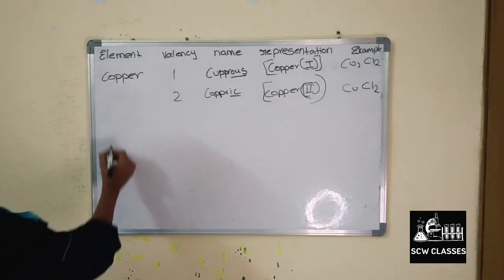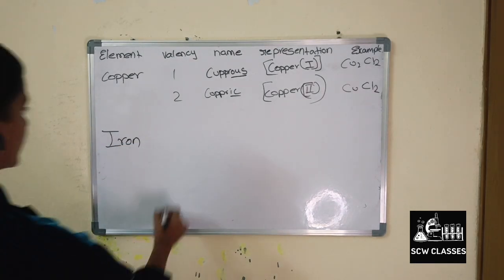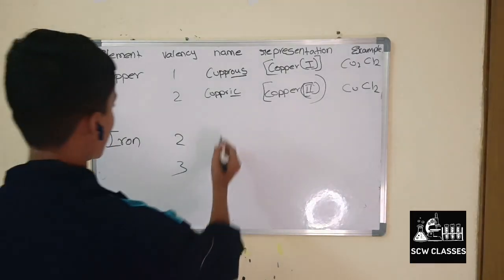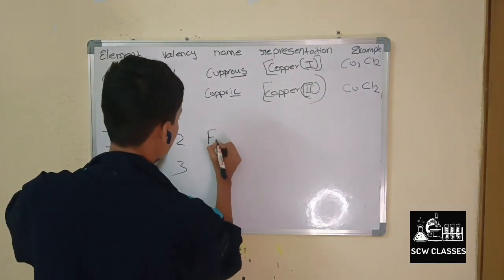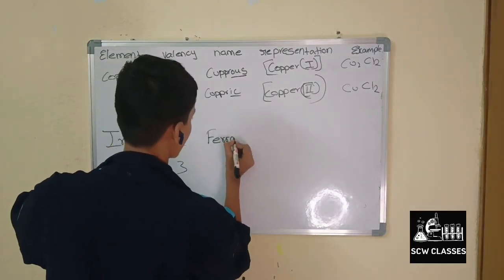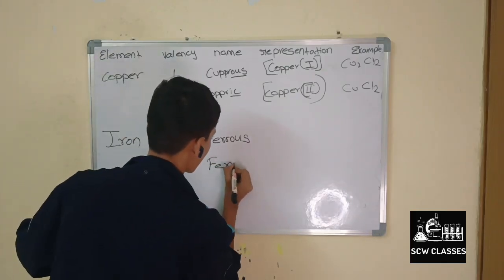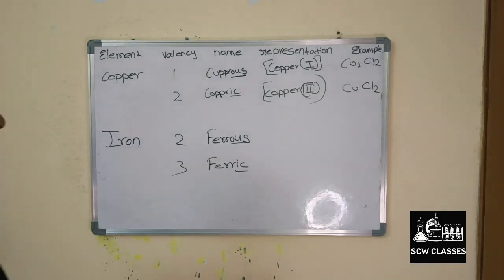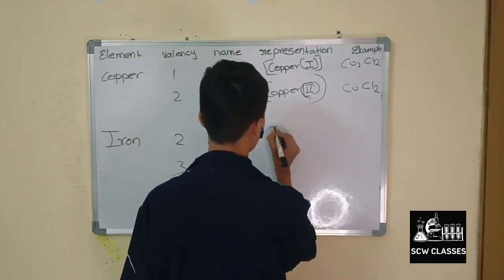And the second example, iron. We are going to take iron valency 2 and 3. Name: it has the lowest valency, then ferrous; higher valency, ferric. OUS, IC. Clear? Representation: iron.